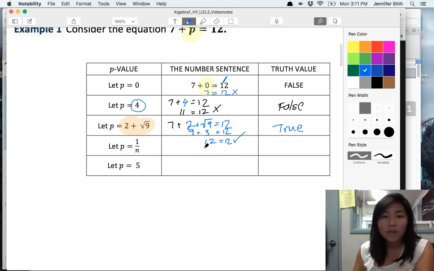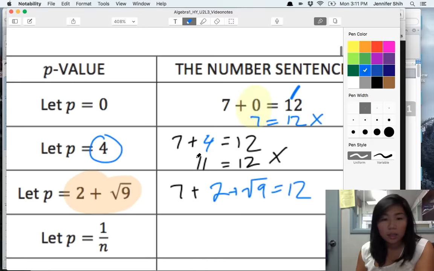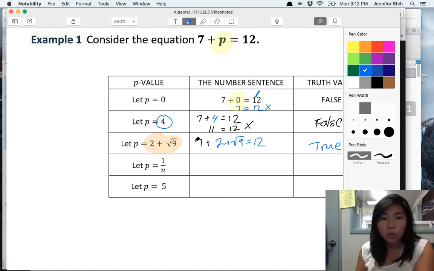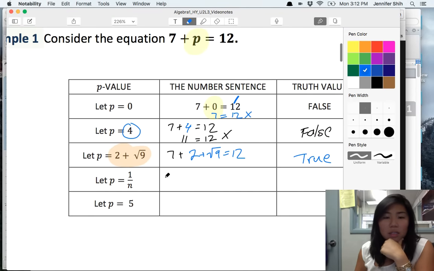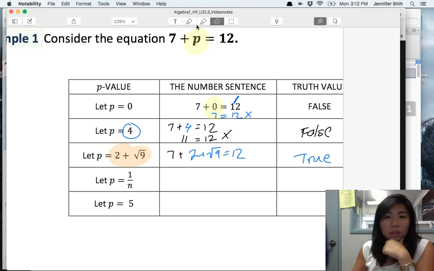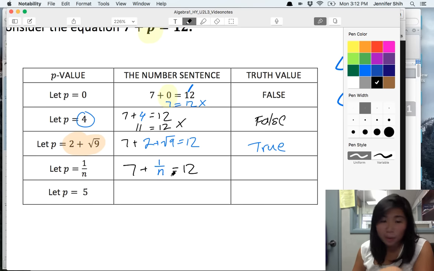Now, when you have to plug in 1 over n, I'm going to erase this because I need more room. Sorry. Okay. If we have p is equal to 1 over n, 7 plus 1 over n, is that equal to 12? Well, n is not a number in this case. n is a variable.